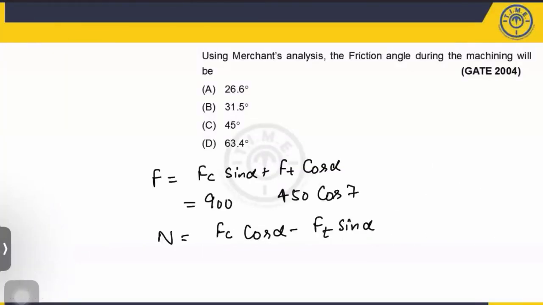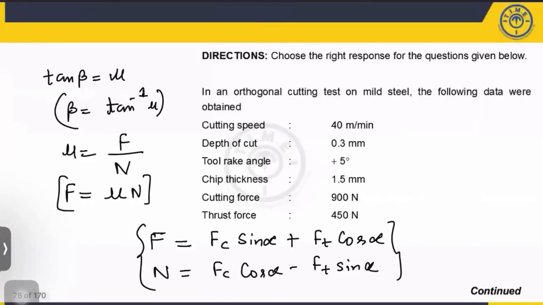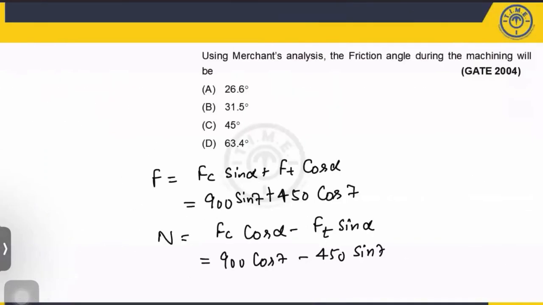So this is 900 sine of 7 plus 450 cos of 7, and 900 cos of 7 minus 450 sine of 7. Now if you calculate the friction value and the normal value and divide, you will get the mu value, which is F by N, nothing but 0.614.